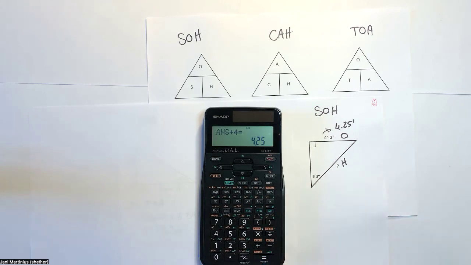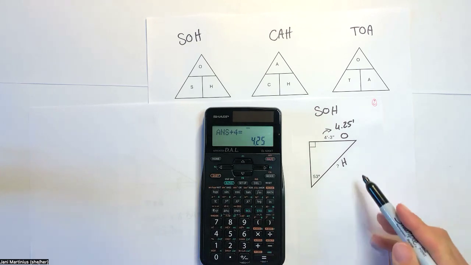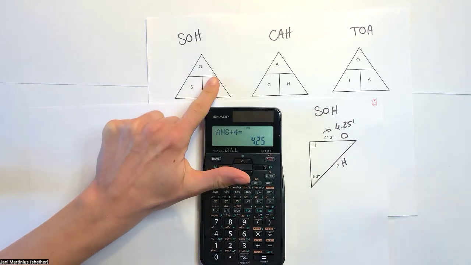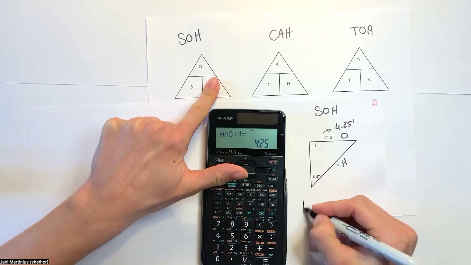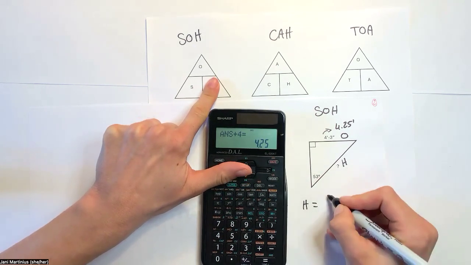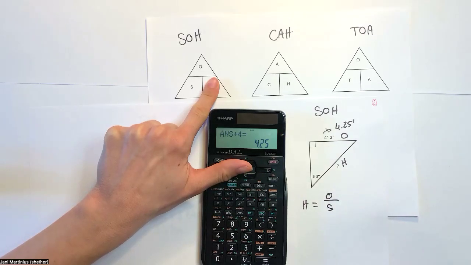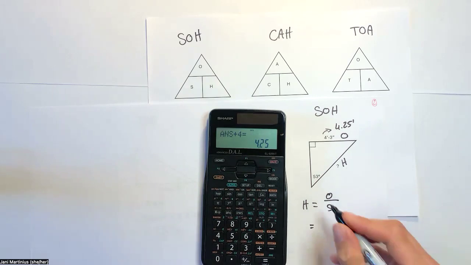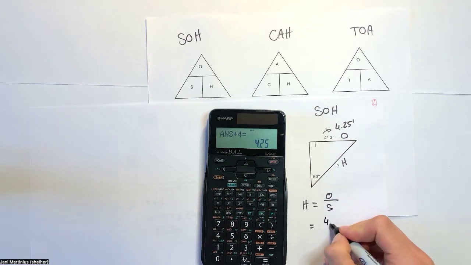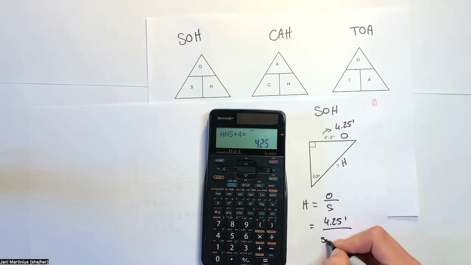Okay, we're using SOH. We are looking for the hypotenuse. So if I blot out the H, it equals, leaves us with opposite over S. Excellent. So let's pop in those numbers. Opposite is 4.25 feet over sine 53.